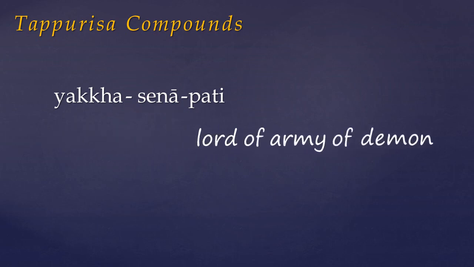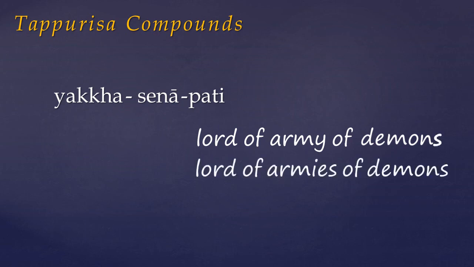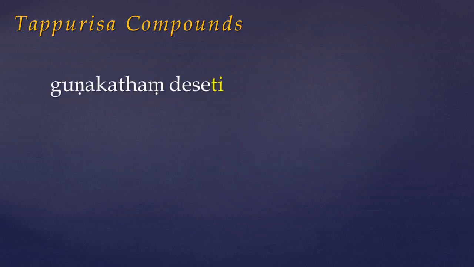And it's also important to realise that the qualifying members give no indication of number. The uninflected members can stand for either the plural or the singular, and the inflection of the final member reflects how the compound as a whole is used in the sentence.